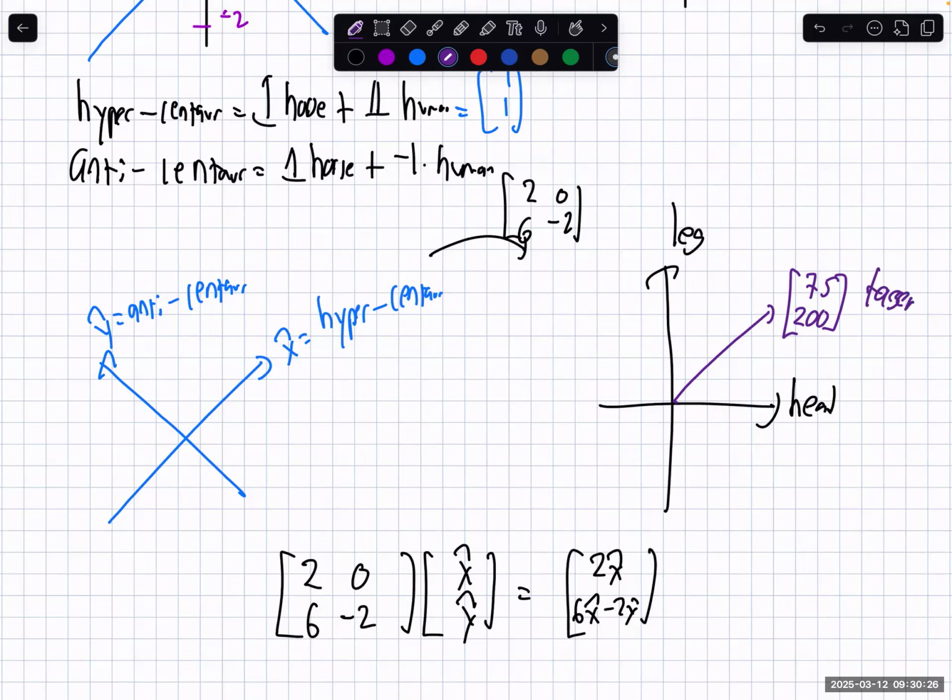Now what happens is whenever we move in this direction along the hyperaxis, that's going to give us a vector here.